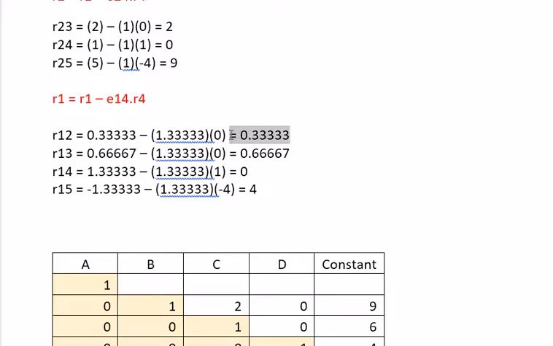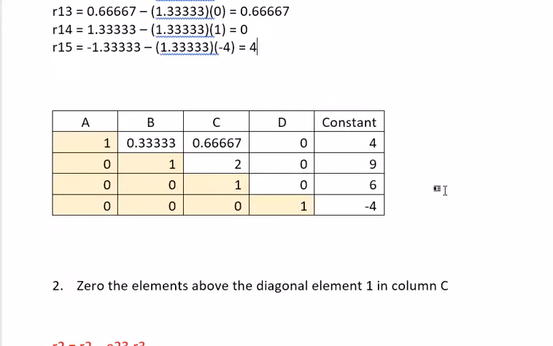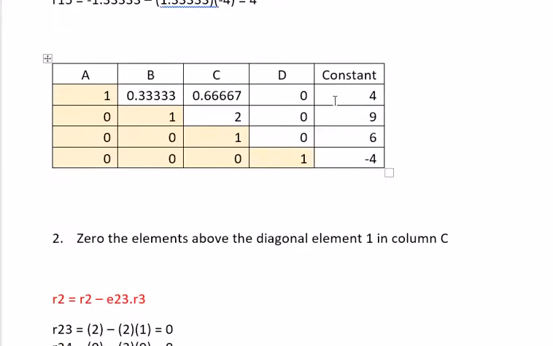So this is 0.333, this is 0.666, we have here 0, and this one is 4. So now we have achieved our first goal, that is to make all the elements above 1 as 0.